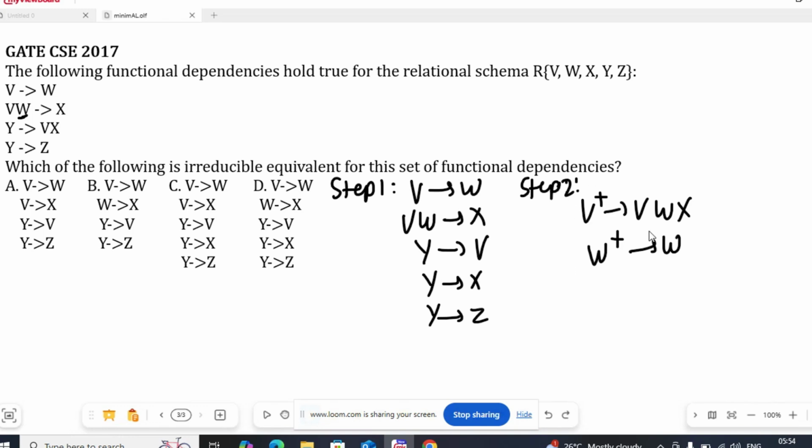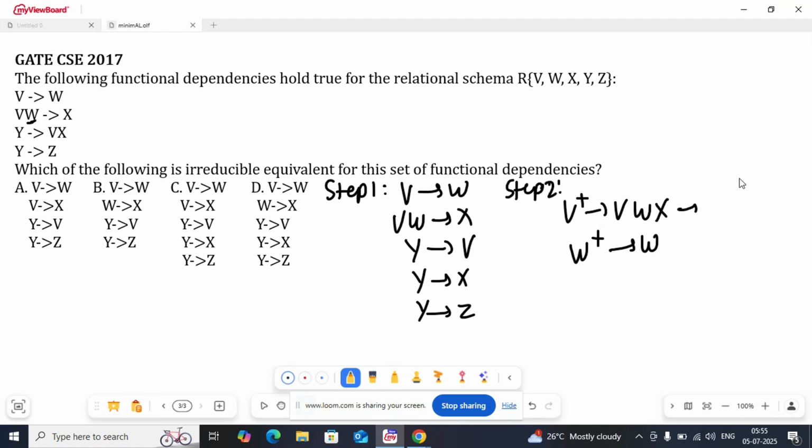After step 2, we will get our functional dependencies as V to W, and then VW to X, where W is removed, because we can get it, so V to X. Then Y to V, Y to X, and Y to Z. That is all about step 2.